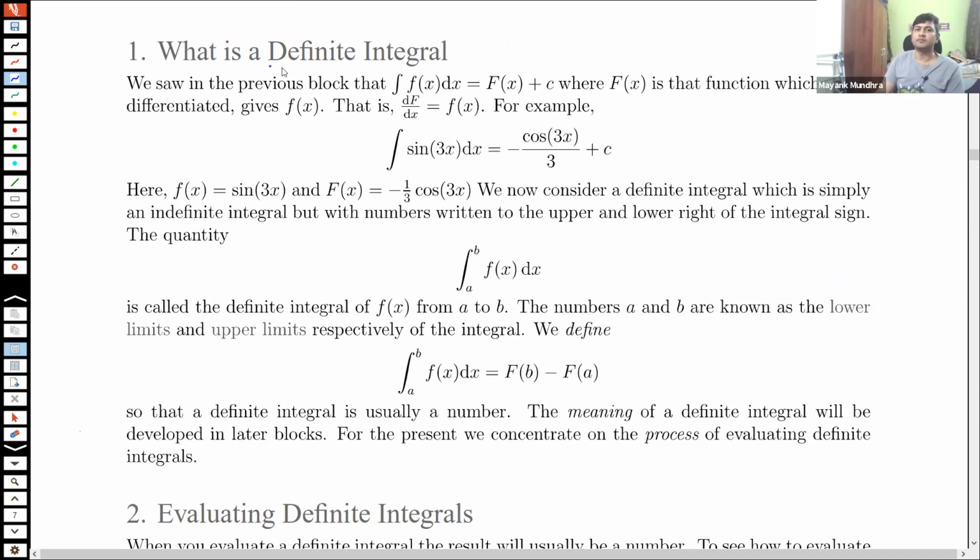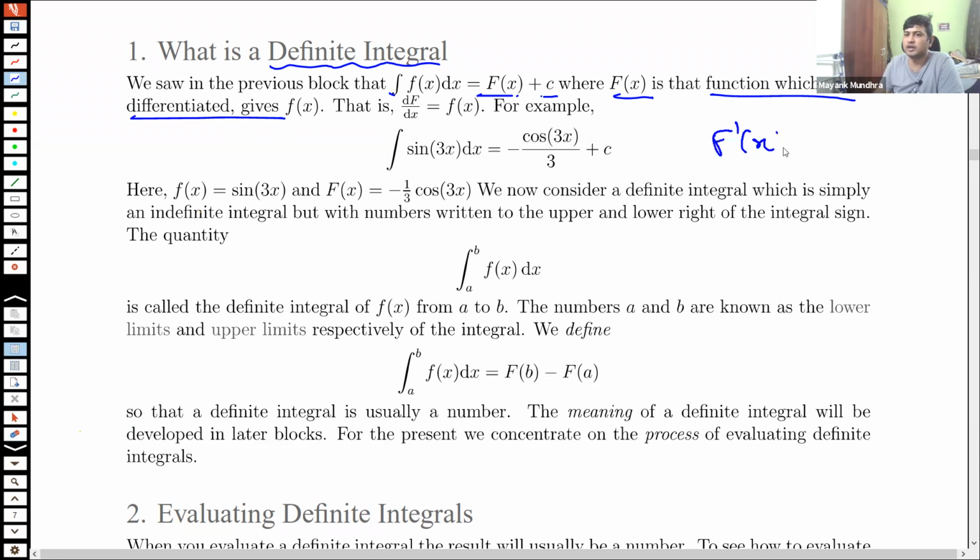Now let us look at a definite integral. All right. So suppose that when I integrate some function small f of x, I get some function capital F of x, where capital F of x is the function which when differentiated gives small f of x.